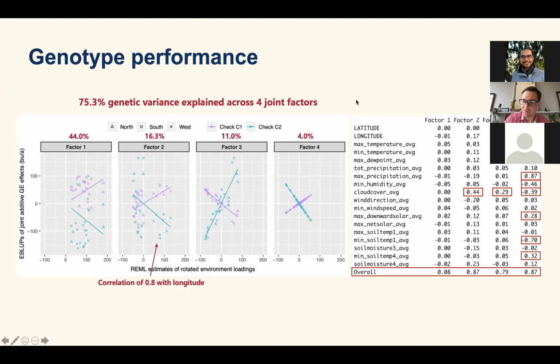because the breeding programs at seed companies and extension systems essentially target breeding efforts, testing efforts, and recommendation efforts at predefined target populations of environments.